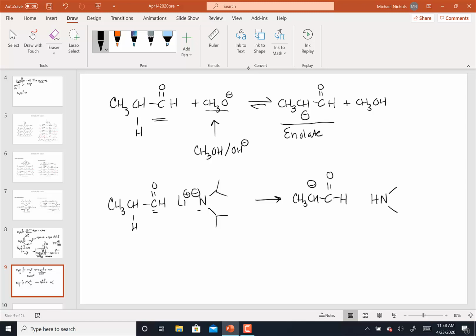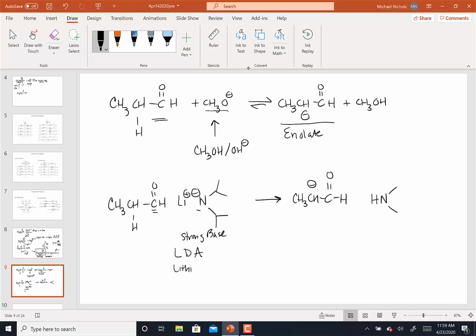And so when you use a sterically hindered lithium amide base, it is no longer a nucleophile, because these isopropyl groups keep it from reacting. So this is actually lithium diisopropyl amide, because it's got two isopropyl groups, and it's commonly referred to as LDA.